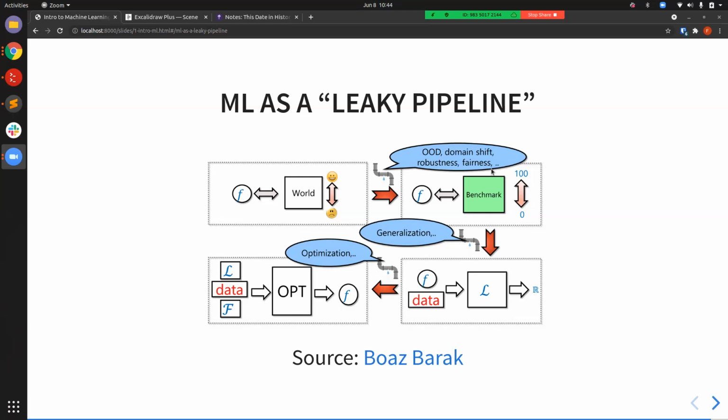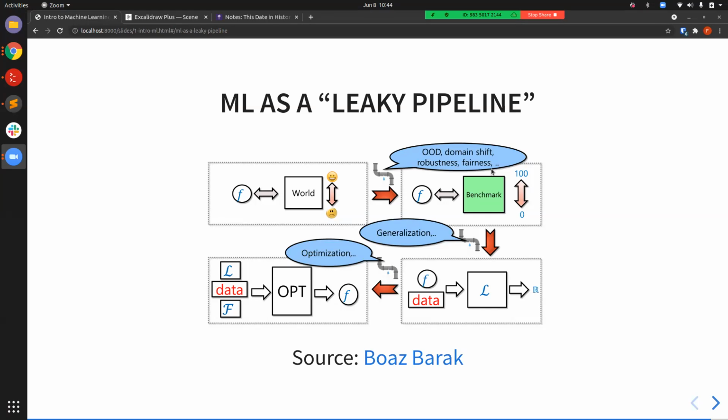So instead, I train my machine learning system against a totally different task, which is to tell me some basic personality characteristics based on a video input, and that bears very little resemblance to the real world that I actually care about. So there's already a big difference between the world and the benchmark tasks that I train my system against. Okay, that's leaky pipeline number one.